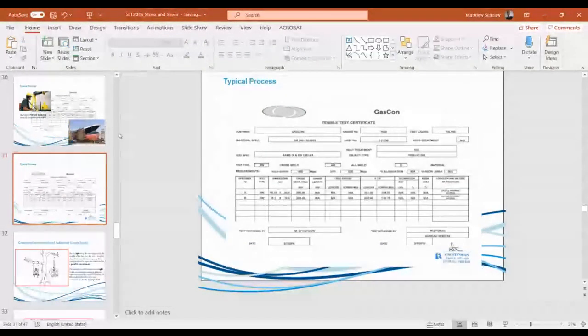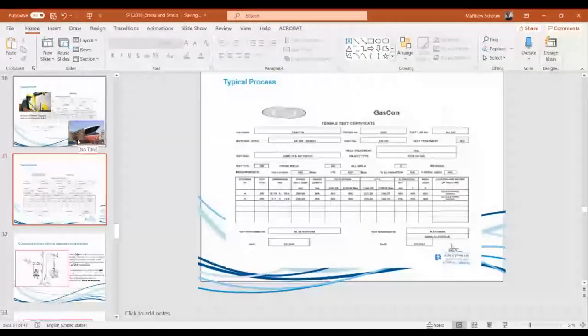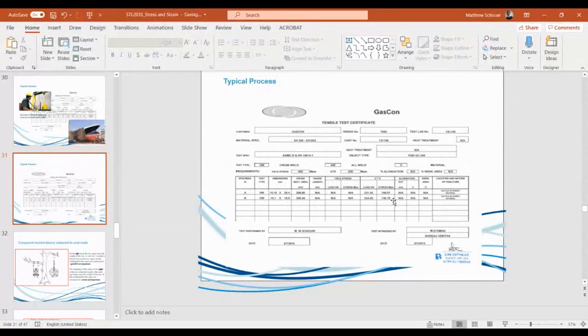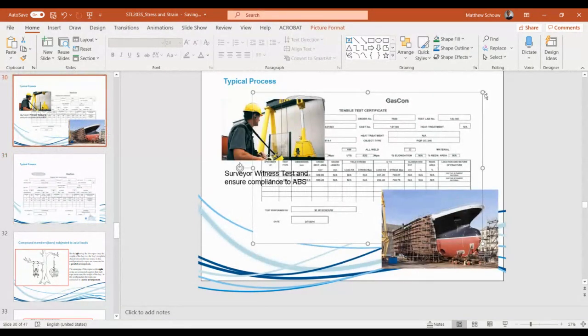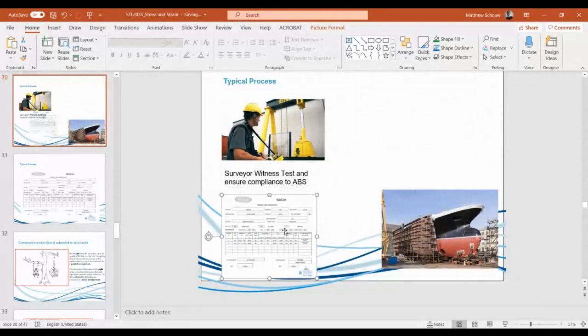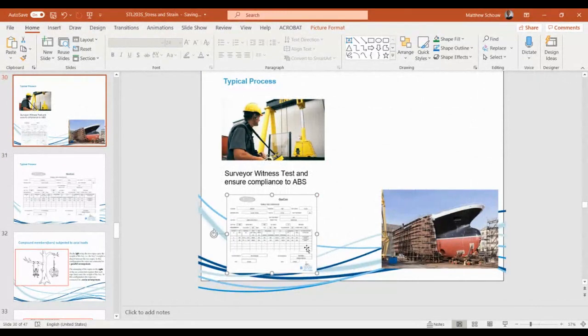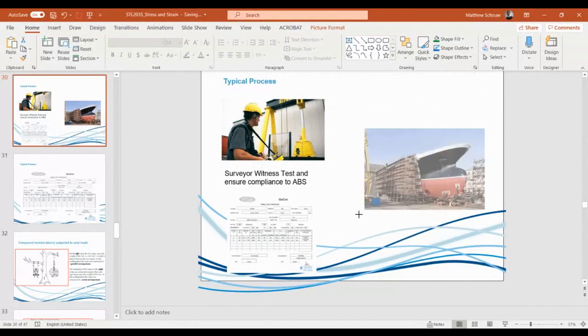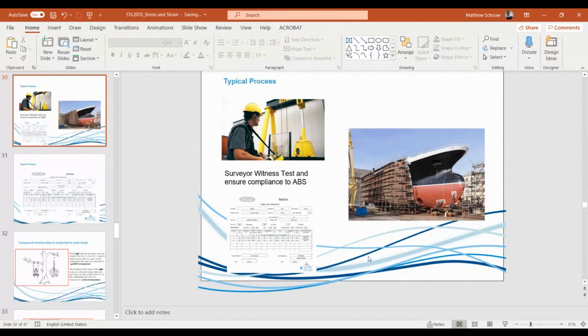I make up my own report and look at the results. The surveyor over here, this is from Bureau Veritas, signs it off and says, okay, this is fine, the material conforms to the standard, and then we go back here, and he says, okay, we can use the material to carry on with construction, because everything is fine.